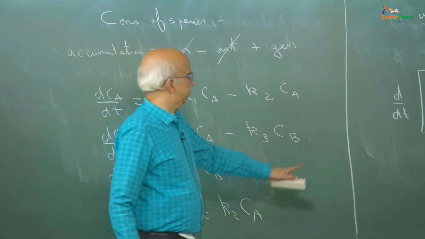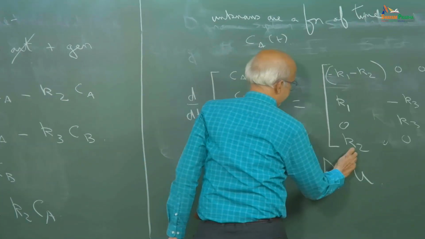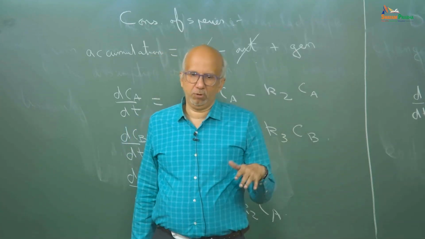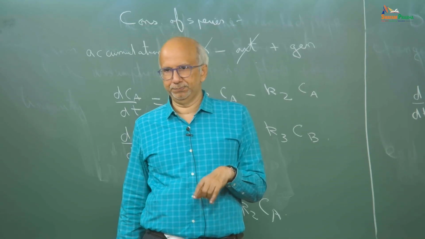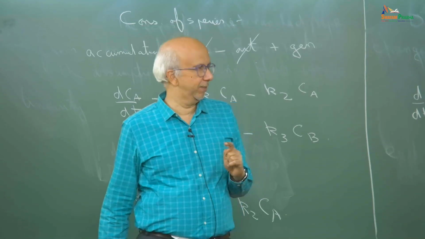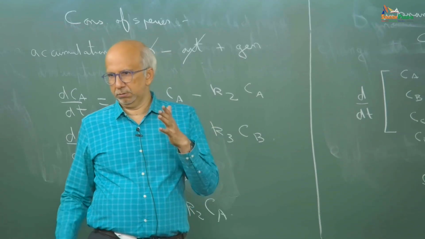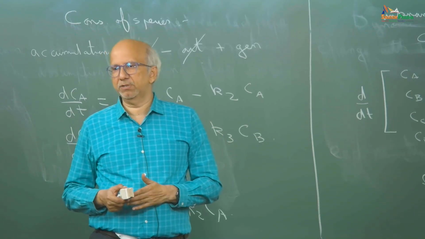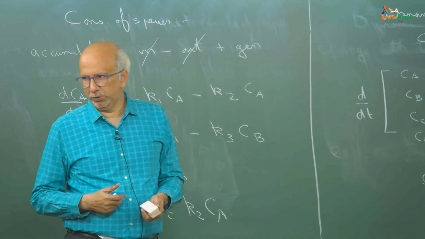So u is this thing here, A is this matrix here. So what we have now is a system of ordinary differential equations, okay, and by writing it in this form I am trying to get to the point where I say, look, that perspective, that universal framework that I spoke about is going to come out, okay. That is the reason we are doing all this.